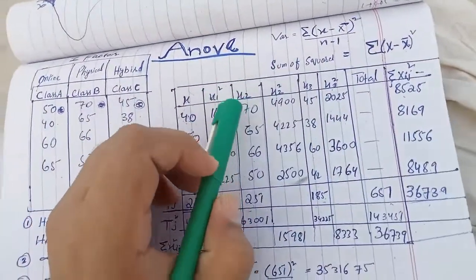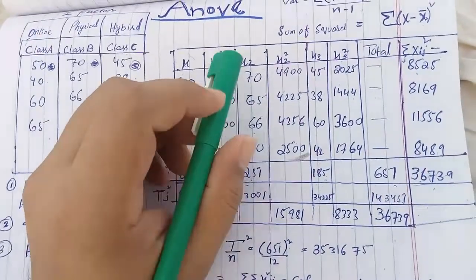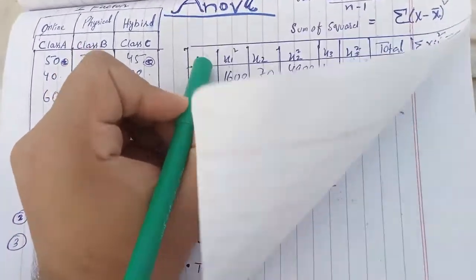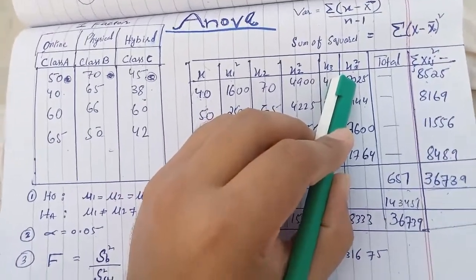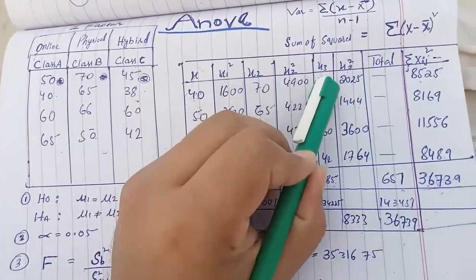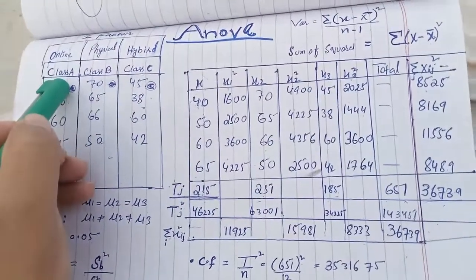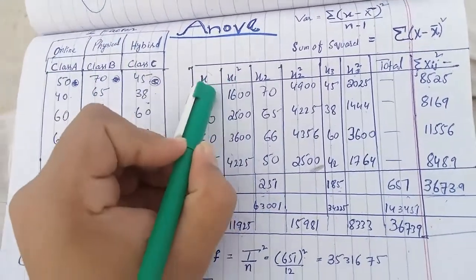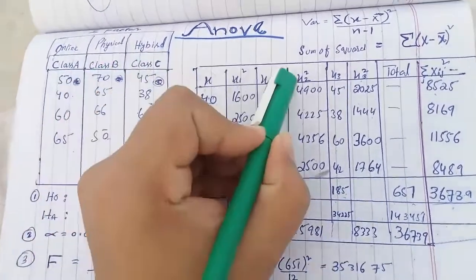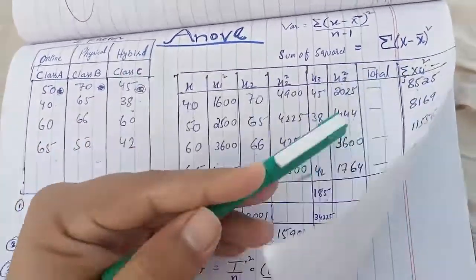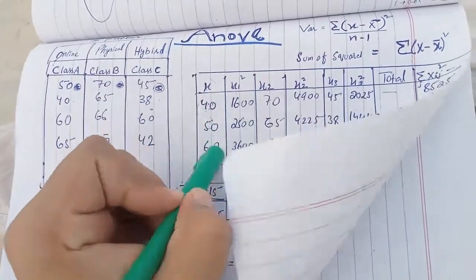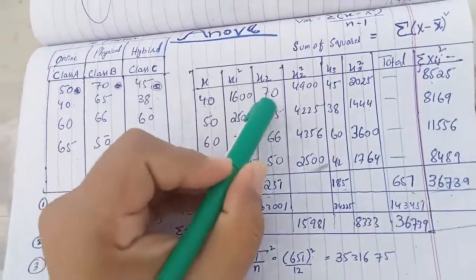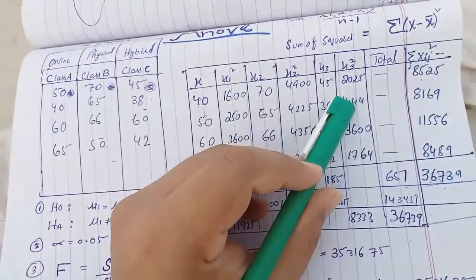With the help of this table. Now see, x1, x2 and x3 are nothing but the samples. Class A is x1, class B is x2, class C is x3. These are the values of class A, these are the values of class B, and these are the values of class C.